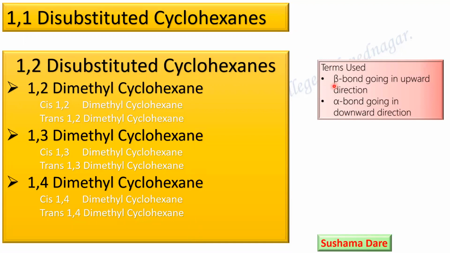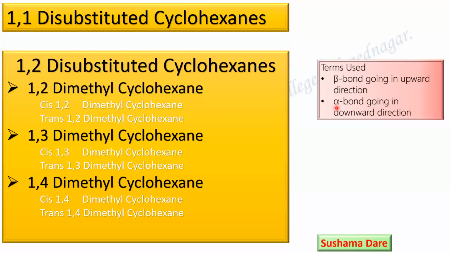The meaning of beta is that the bond is going in an upward direction. So remember, beta is not axial. Beta means the bond is going in an upward direction, so it can be either axial or equatorial.